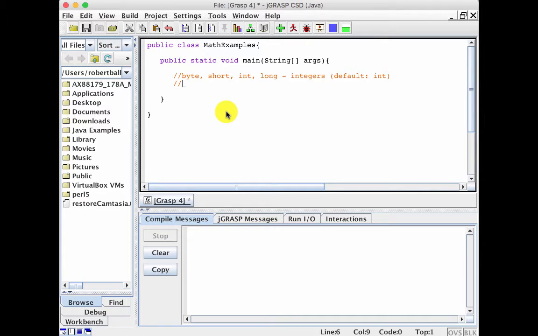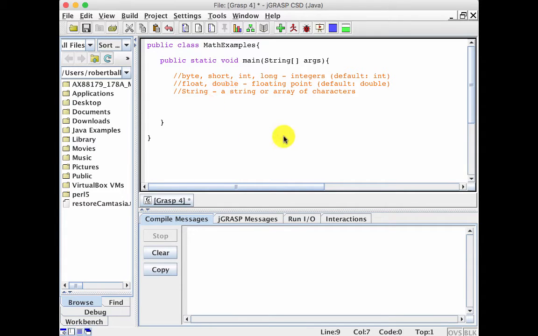And then we have float and double, and those are the floating point. And what's the default there? It is double. All right. We also have another one, which is string. And this is just a string or array of characters.